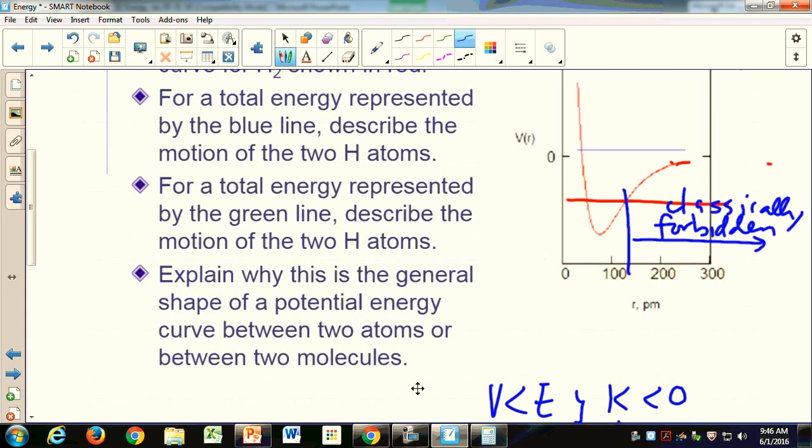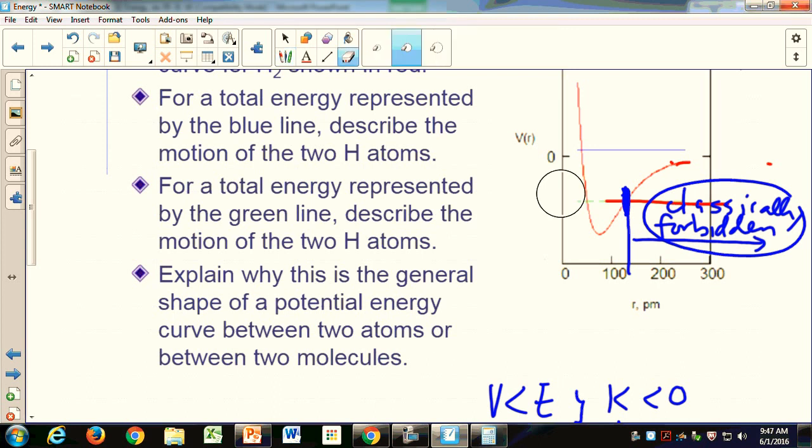And it's called classically forbidden because in modern theory, there's actually a finite possibility that that's going to happen. But using just plain old classical physics, the ones that you learn, Newton's laws and all that, this is not possible. So they cannot stay far apart, farther from each other than this distance.